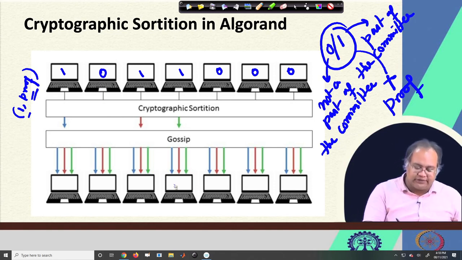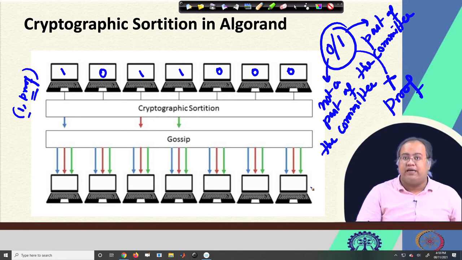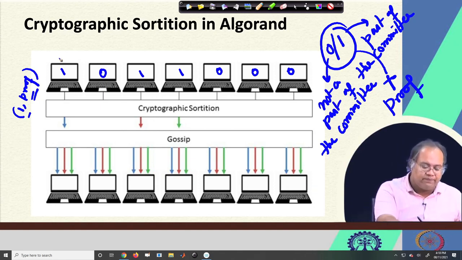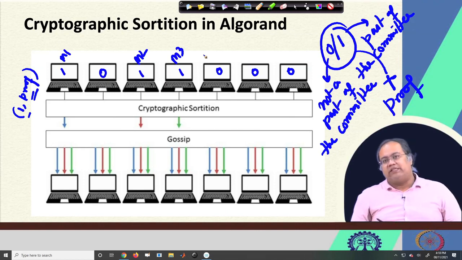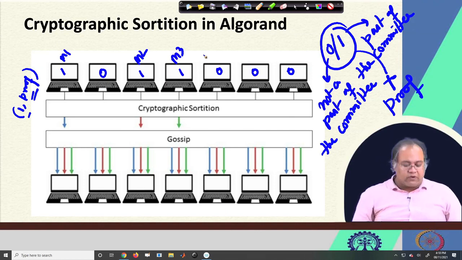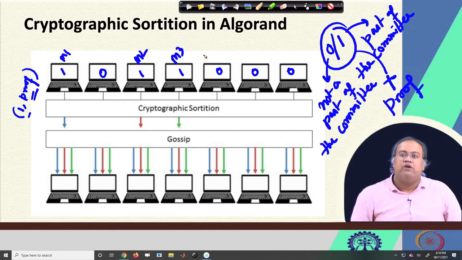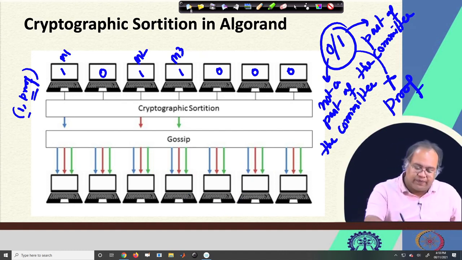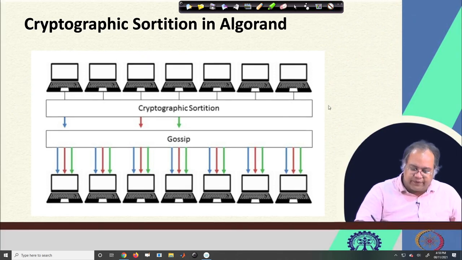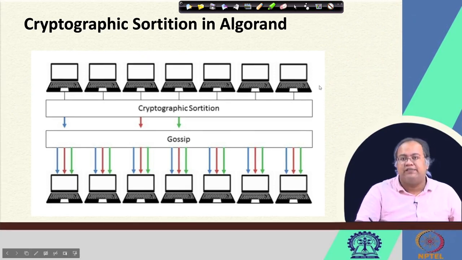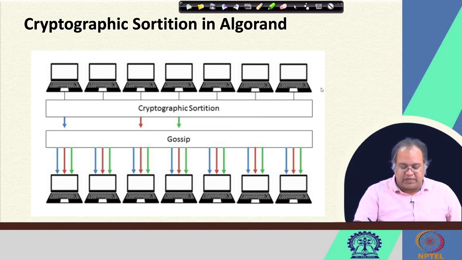That information is sent via the gossip protocol to all other members in the network. That way everyone understands that at this round, say member 1, member 2, member 3 are members of the consensus committee. The consensus committee is the committee I was talking about earlier, which is going to validate the newly proposed block.